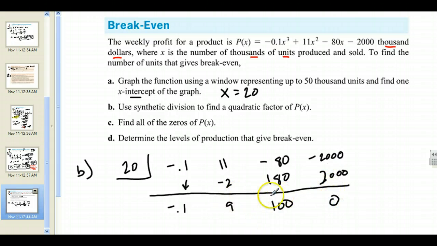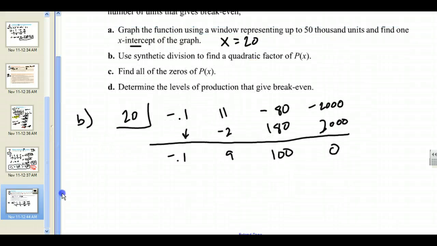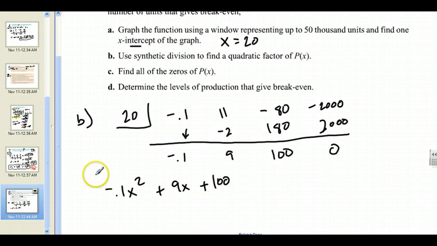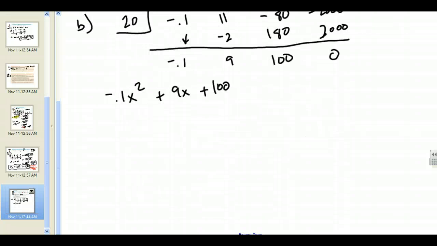So there's my quadratic. This is negative 0.1 x squared plus 9x plus 100. That's my answer to part B. So this is a quadratic factor of that original. Now part C says find all the zeros of P of x. So we've got a quadratic, so we can use the quadratic formula for the rest of it.